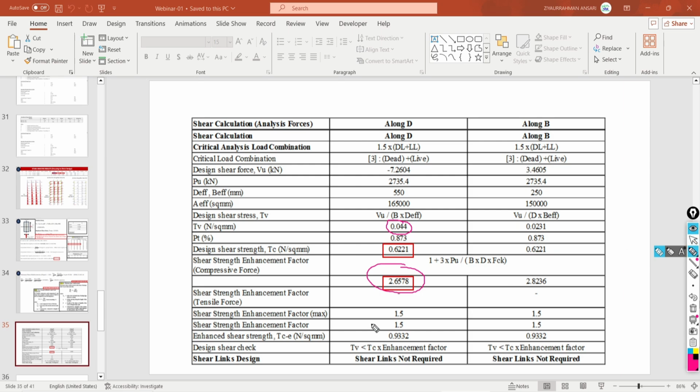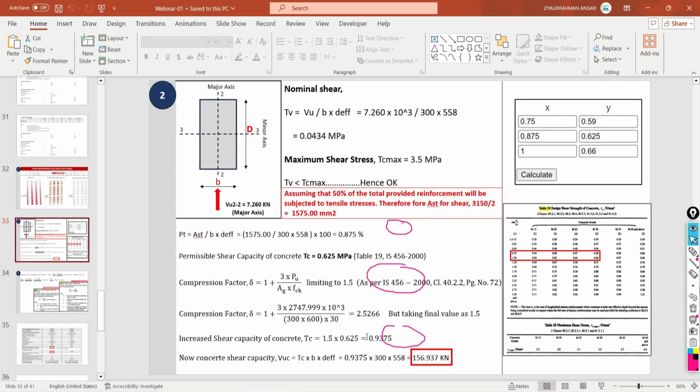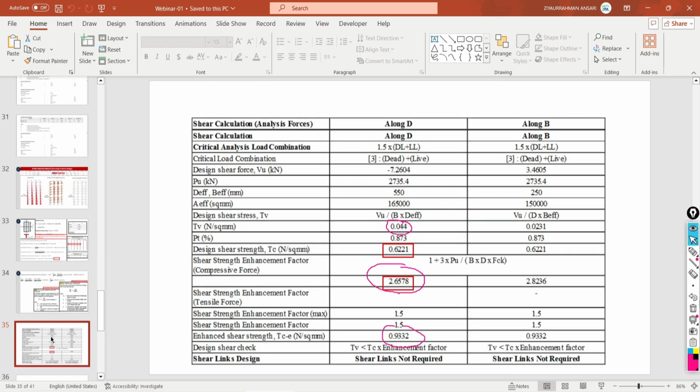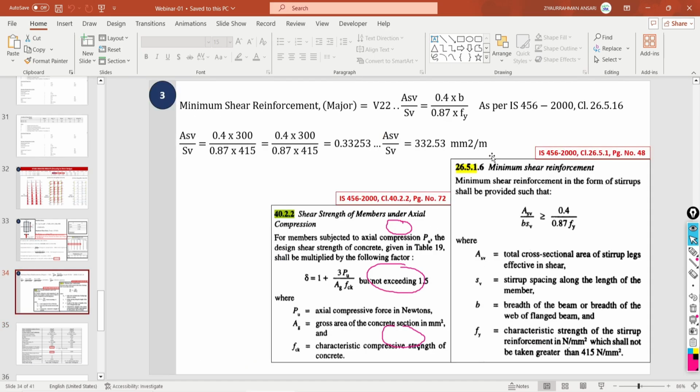After implementing that, the final capacity of the shear is 0.9332, and in our calculation 0.937, almost the same. Finally the conclusion is that your nominal shear is less than the critical shear, meaning no need to design for the shear, minimum reinforcement will be enough. That also we did in our calculation.